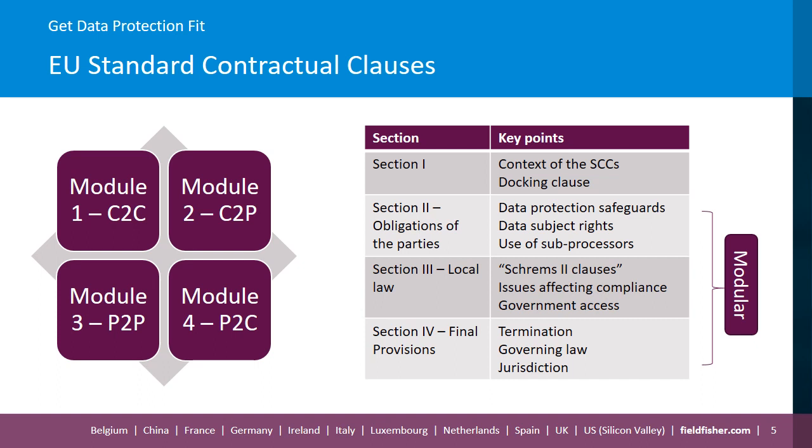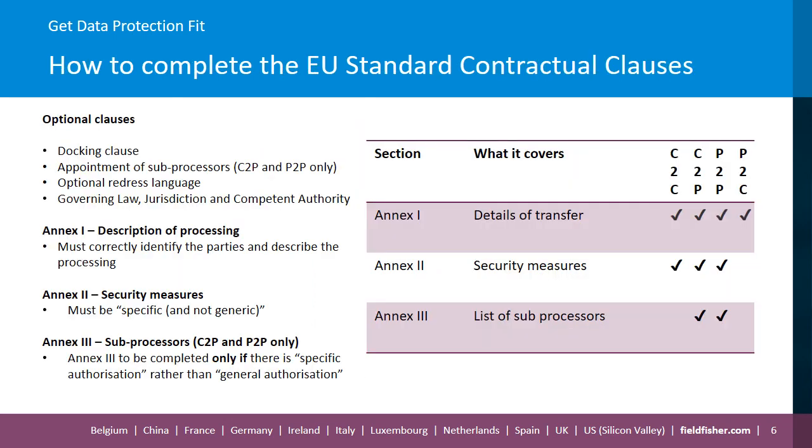Section 3 deals with the effect of local law and practices on the SCCs, as well as obligations in cases of access by public authorities. The final section explains what happens if the parties do not comply with the SCCs, and also clarifies the choice of forum and jurisdiction. You will also note from the slide that only sections 2 to 4 are modular, while section 1 applies to all modules. In addition to the main text, the SCCs also contain 3 annexes, which we will cover on the next slide.